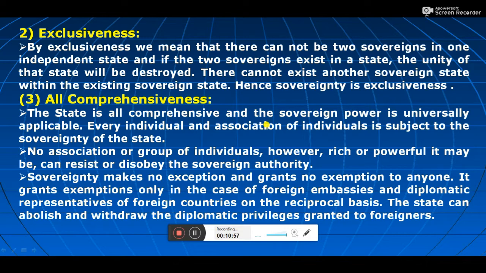Next is all-comprehensiveness. The state is all-comprehensive and the sovereign power is universally applicable. Every individual and association of individuals is subject to the sovereignty of the state. No association or group of individuals, however rich or powerful it may be, can resist or disobey the sovereign authority.